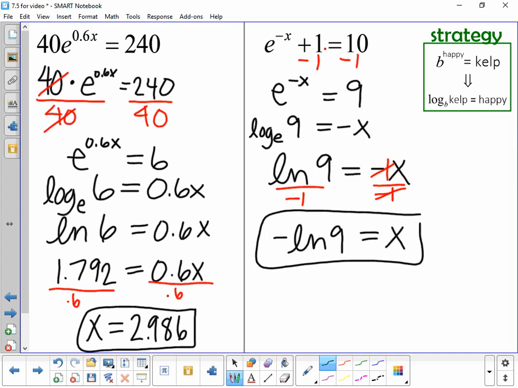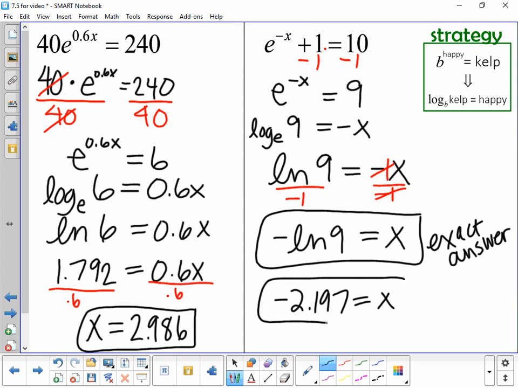So this would be like an exact answer. It's a number, negative natural log of 9. If I wanted to know the decimal approximation, I could calculate that in my calculator. And it would be negative 2.197. That would be a decimal approximation.